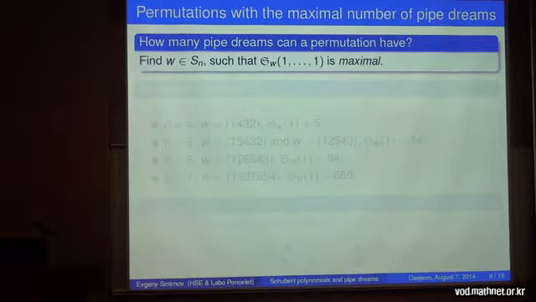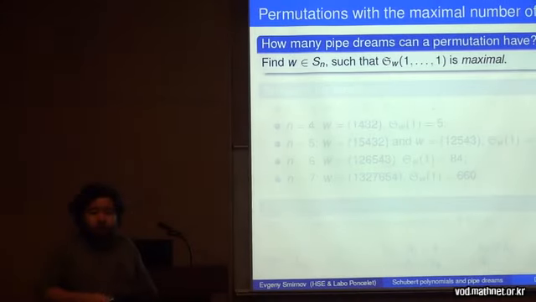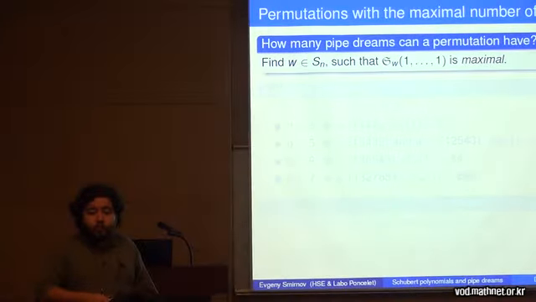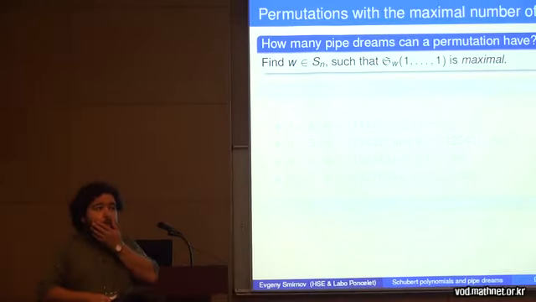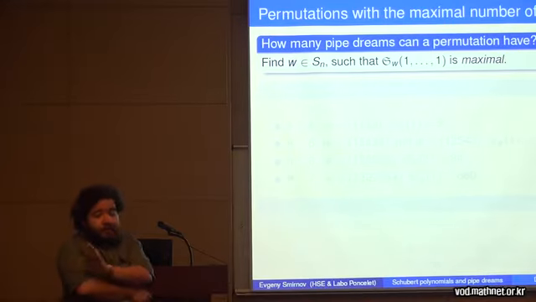Okay. A minute ago you said the same monomial can come from different pipe dreams. Yeah. And then the coefficient has a geometric meaning, I suppose. I think so, but I cannot answer this question now.